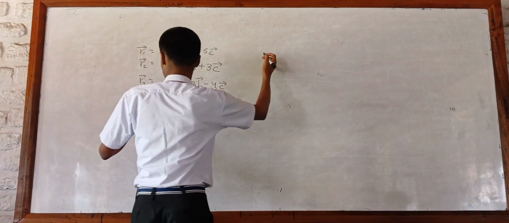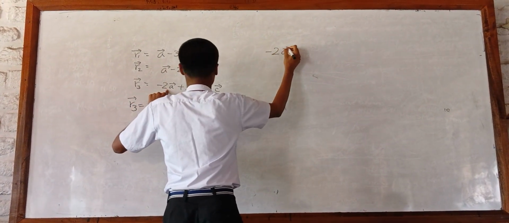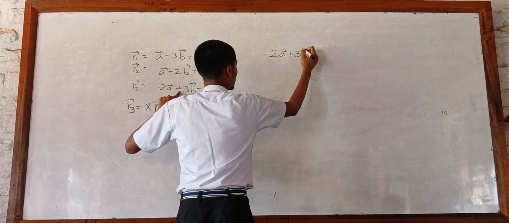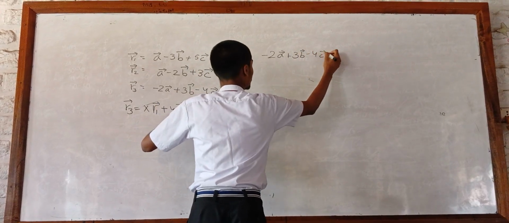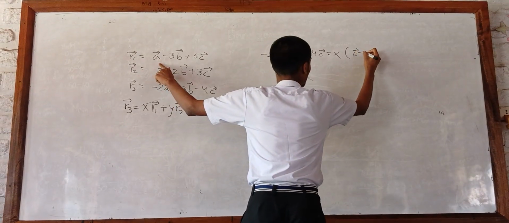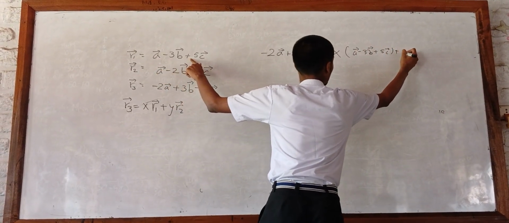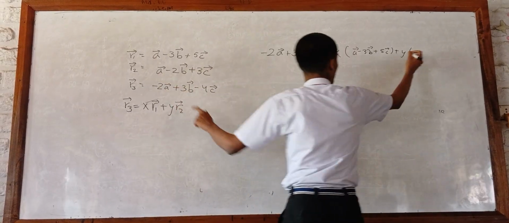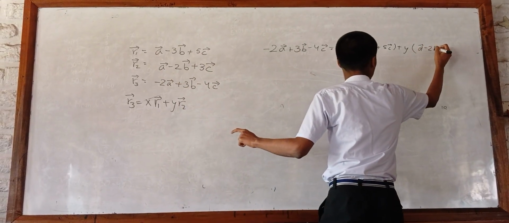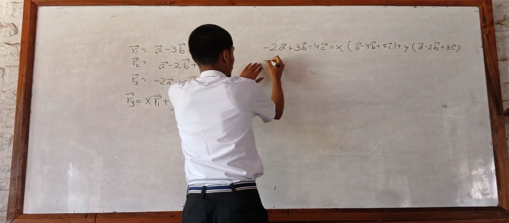So let me just write R3 vector over here: minus 2A plus 3B minus 4C.